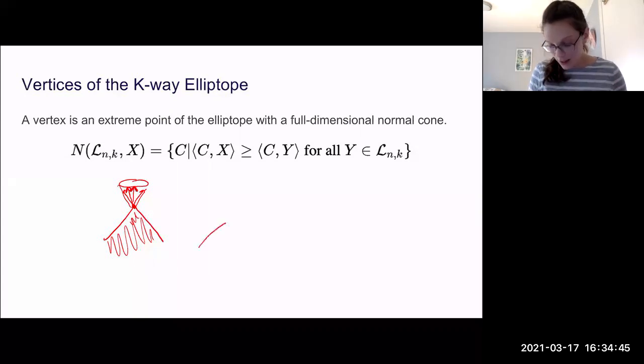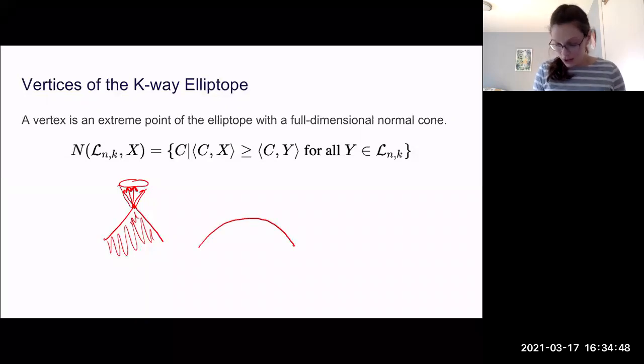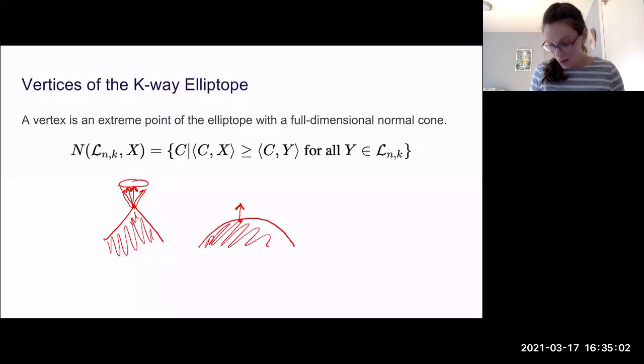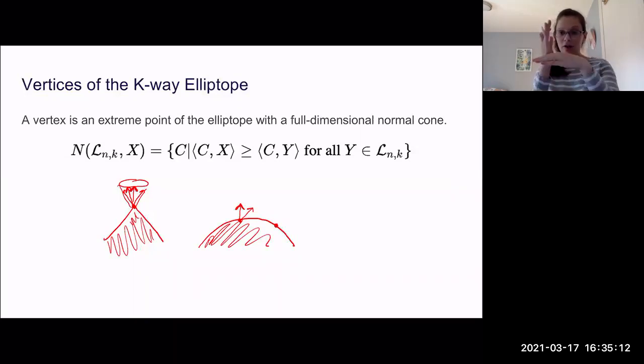An example of something that might not have a full dimensional normal cone is a point where only if I'm pointing exactly tangent to it do I look like the best point for this feasible region. But if I wiggle it at all, all of a sudden another point looks like the best point. So you are very sensitive: if you change the objective function just a little bit, you're going to go to a different point.